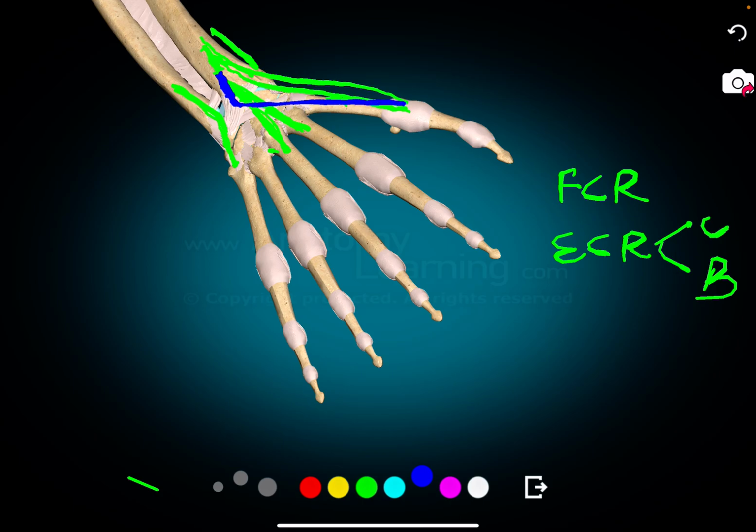Now the extensor pollicis brevis will extend the adducted thumb. You can do it in your finger. And the thumb, when abducted, will align with the extensor pollicis longus and it will extend the abducted thumb. That's why there are two: extensor pollicis brevis and extensor pollicis longus.